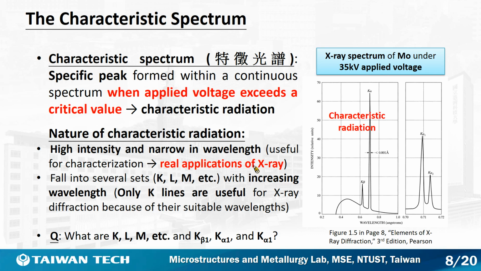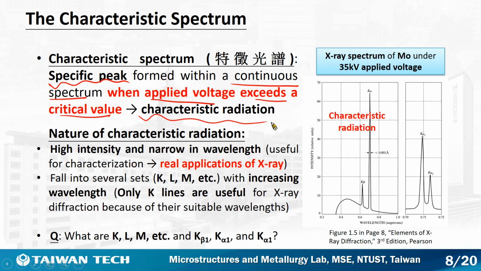For the characteristic spectrums, it means that we have a specific peak formed within the continuous spectrums. And it must be when the applied voltage exceeds critical values. This will be different for different elements, for different materials. So we call it characteristic radiation.